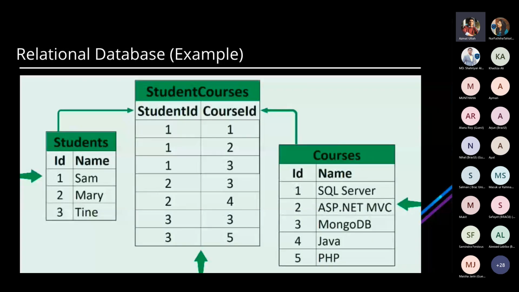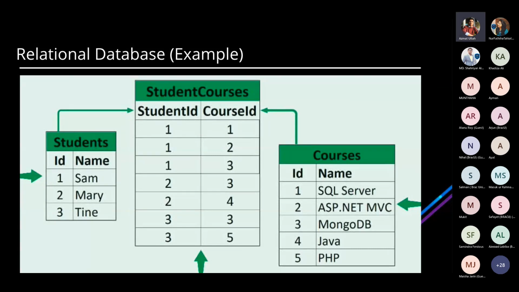So they are different and they cannot be the same. But when it becomes a foreign key in the student courses table, you can see the same ID is used multiple times because it does not actually matter when it comes to foreign keys. For the courses, you can see the courses have different IDs. SQL Server is one, ASP.NET is two, MongoDB is three. And similarly, when it is referenced in a different table, it becomes the foreign key. And this, all in all, sums up the relational database example.